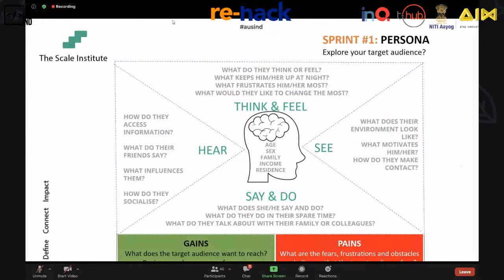Personas really inspire imagination and keep the focus on the person in the middle of the page. We want you to name them. We want you to tell me if they're a man or a woman, how old they are. You really need to get in the heart and mind of the person you're designing for.